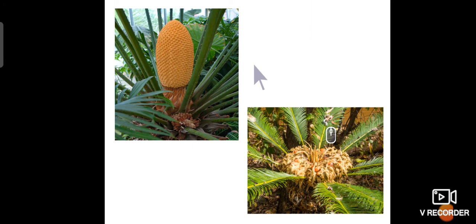The next picture here is of the male cones of Cycas circinalis.